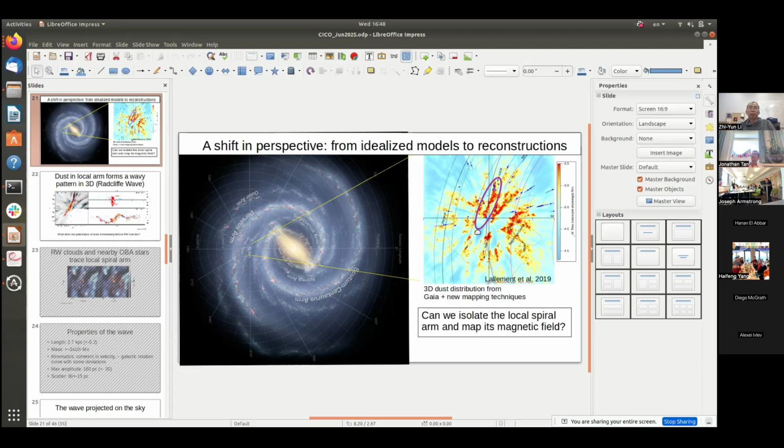That's a good idea. I'm thinking maybe Lee knows about this because Sam Crowe, who's a former student here, with James Webb, has found these Brackett alpha filaments, ionized filaments, very linear in the galactic center, suggesting strong fields. So I don't know if there are any H alpha maps that might be useful. Lee, have you thought about this at all? Well, I think in Sam's case, it's the Brackett gamma filaments, right, in the H2 region.